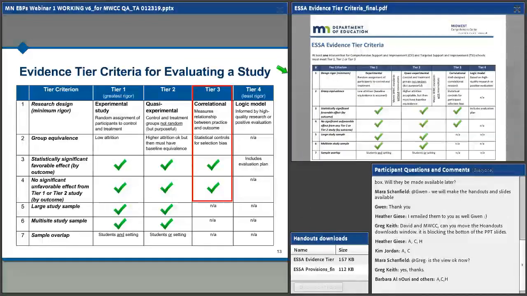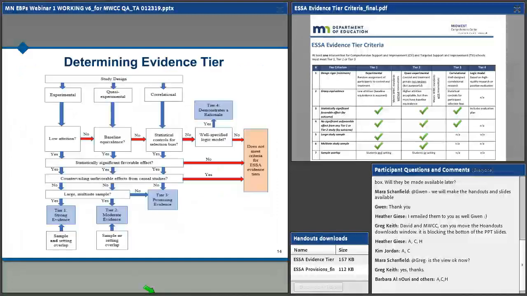And as you can see here, not all of the criteria apply to tier 3. 5, 6, and 7 are not applicable, so we're really going to focus on these first 4 criteria around research design, group equivalence, statistical significance for the study in question, and then making sure that there are no other studies out there that contradict a research study that has statistical significance, and that's known as no significant unfavorable effect from other studies.